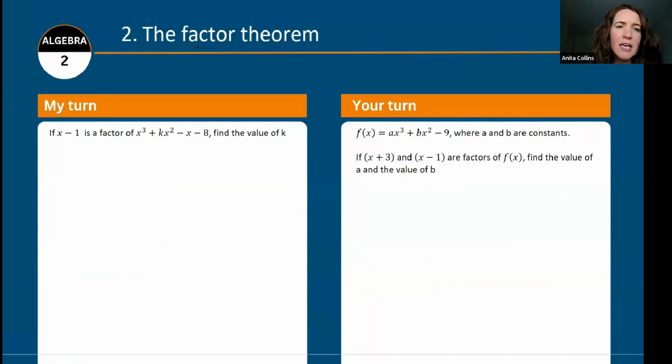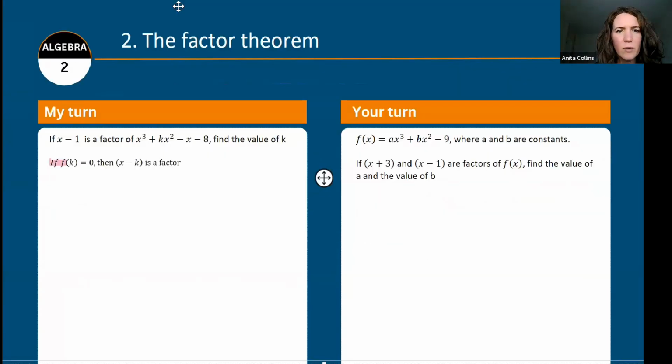So the question says, if x minus 1 is a factor of x cubed plus kx squared minus x minus 8, find the value of k. Now you can see here, algebraic long division would be a little bit tricky, not impossible, but a little bit tricky because you don't have all the information. So our factor theorem, let me just copy it down here again. Okay, so our factor theorem tells us that if f of k is equal to 0, then x minus k is a factor.